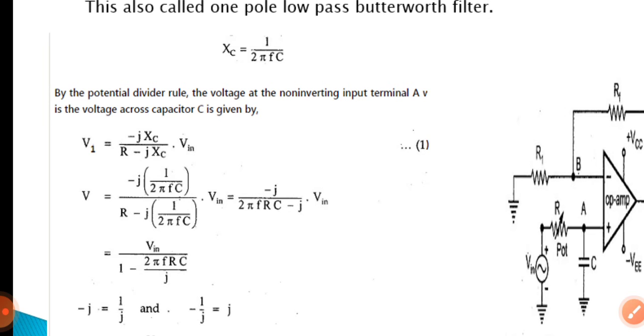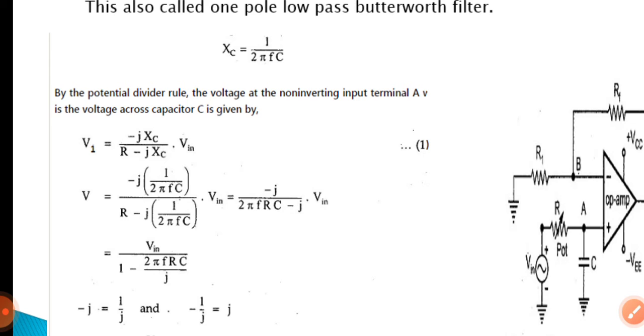Take minus j outside the bracket. Put the Xc value in this equation: 1 divided by 2 pi fc, R minus j into 1 divided by 2 pi fc, Vin. You have to solve this equation.